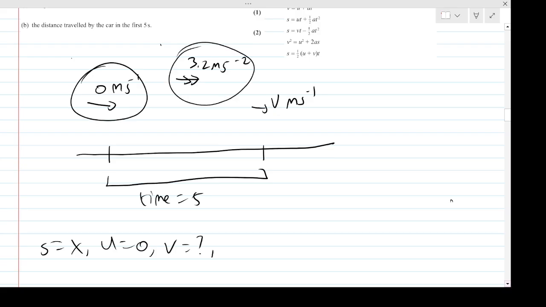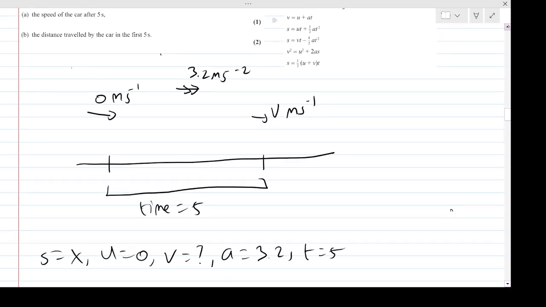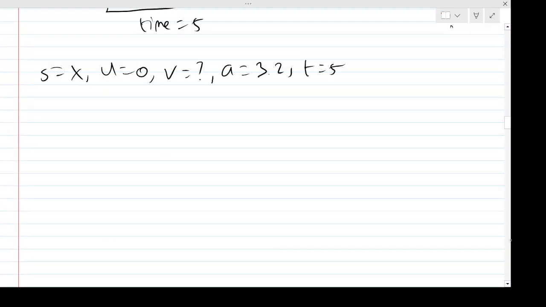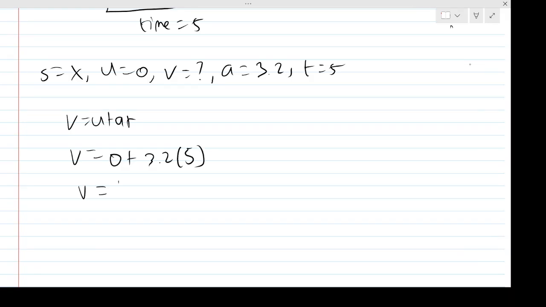A, the acceleration, is 3.2, and the time is 5. Which formula does not include S? It's this top one: V is U plus AT. So we sub in to get V is 0 add 3.2 lots of 5, which is 16 meters per second.